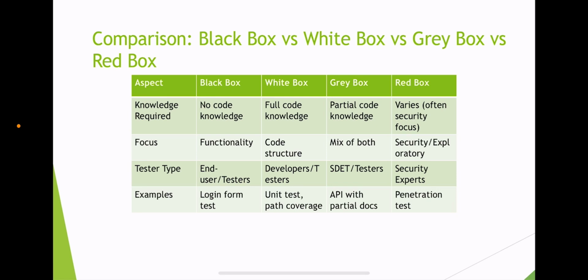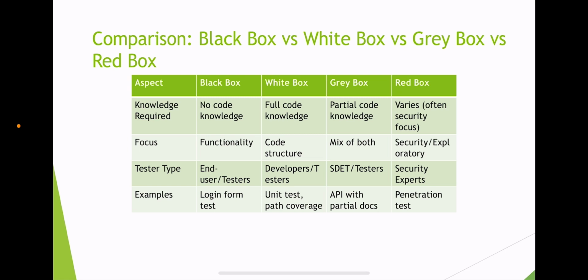So that is it for today's video. On a high-level summary, what have we learned? We have learned what black box testing is: it focuses on what the system does. Then we learned white box testing, which generally focuses on how the system works. In gray box testing, we learned it is a middle ground; we require partial knowledge of functional as well as coding aspects. Next is red box testing, which generally is security-focused testing.